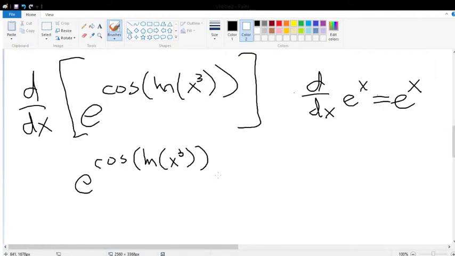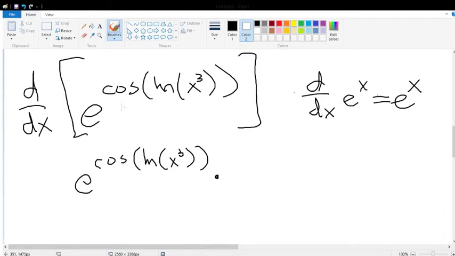But we're not done. Now we have to take the derivative of the next layer and evaluate it at its interior function.